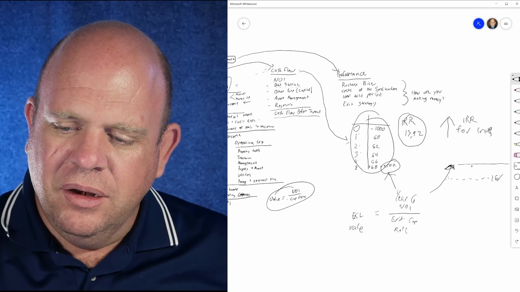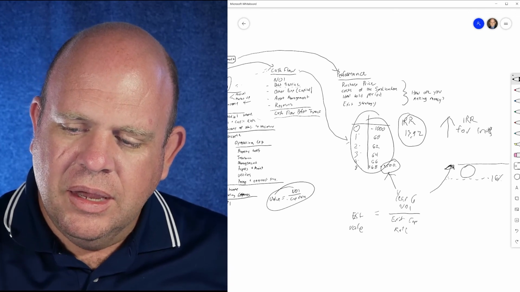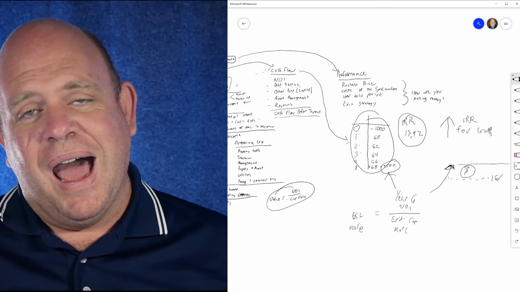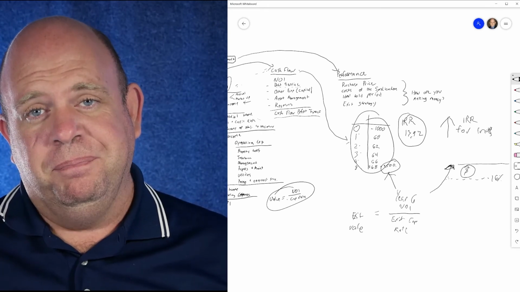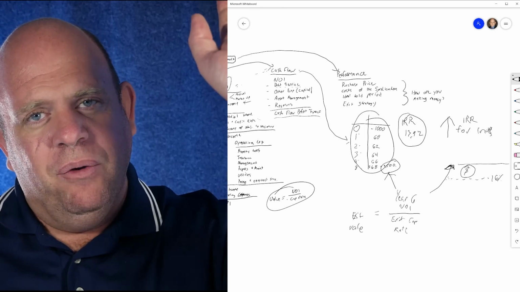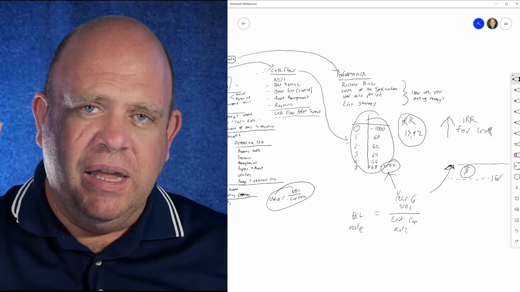This spread is my money. That's the money that I make as a syndicator. That's the money that's going in my pocket. So I'm pushing up my IRRs, and I'm pushing up the fees that I'm charging.